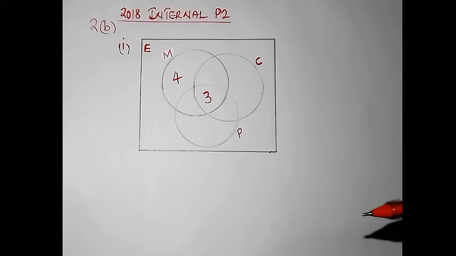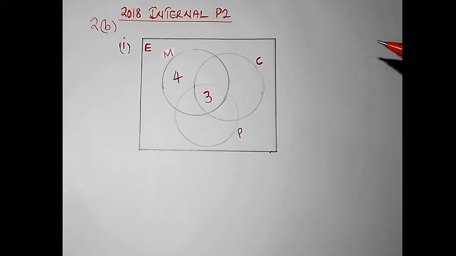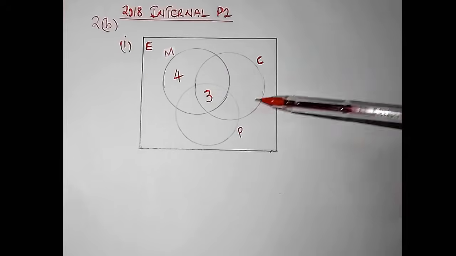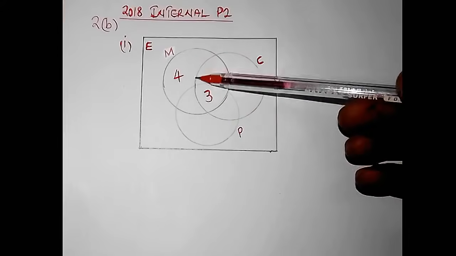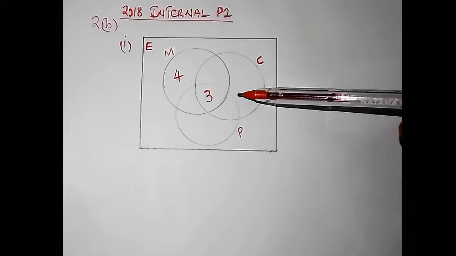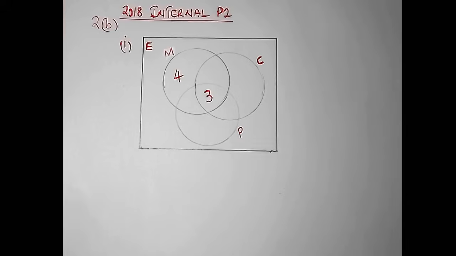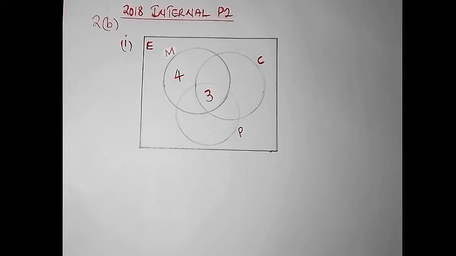We go to this number which has been given: 8 students study chemistry. So where are we going to put this number? In this set of chemistry, the total is supposed to be 8. But where are we going to put the number that is going to make this whole set come up to a total of 8? So we said that this 8 is going to be attached to mathematics, because all those who study chemistry also study mathematics.